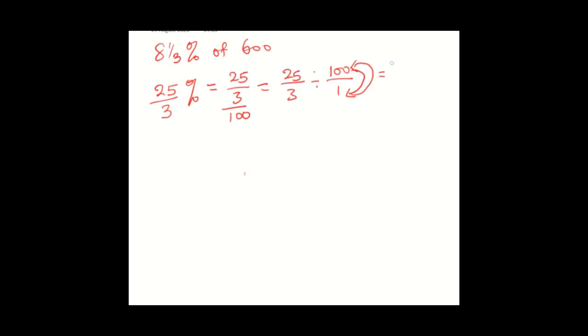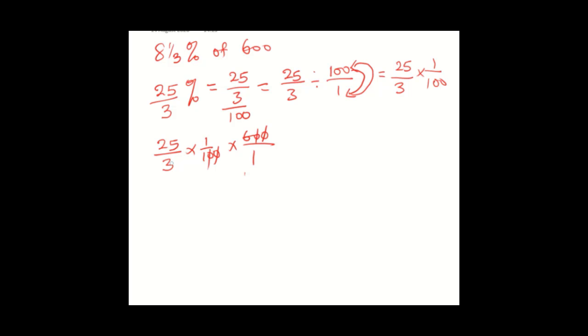So you have 25 over 3 times 1 over 100. Remember, we are looking for 8 1/3% of 600, so we have 25 over 3 times 1 over 100 times 600 over 1.